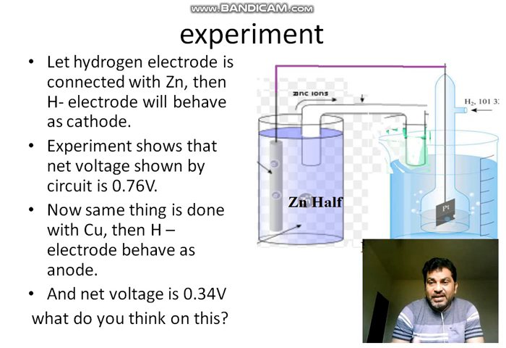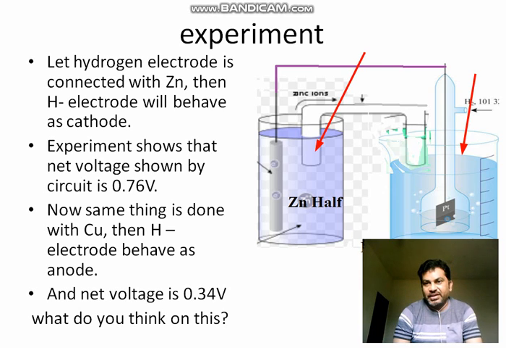Here one hydrogen half cell is taken. See, now I will draw and guide you. What is that hydrogen? See, this is the hydrogen half cell. This what you are looking at is the hydrogen half cell, and here I have taken a zinc half cell. When we were talking about the experiment, I told you we will do it like this.